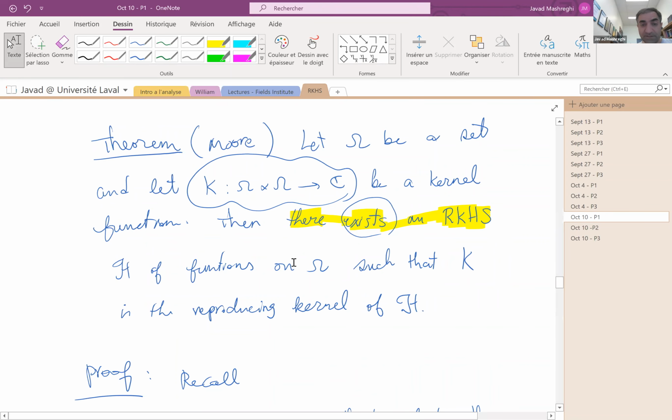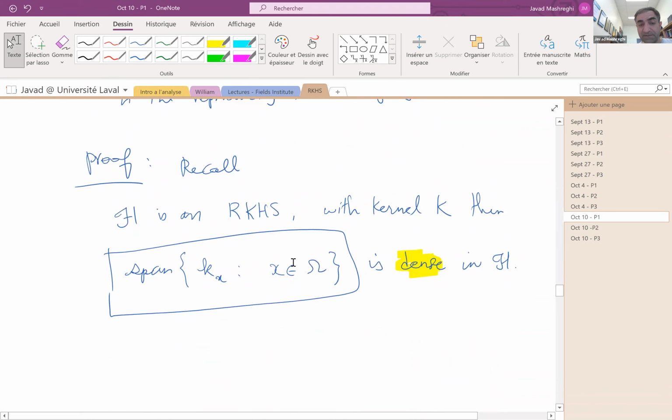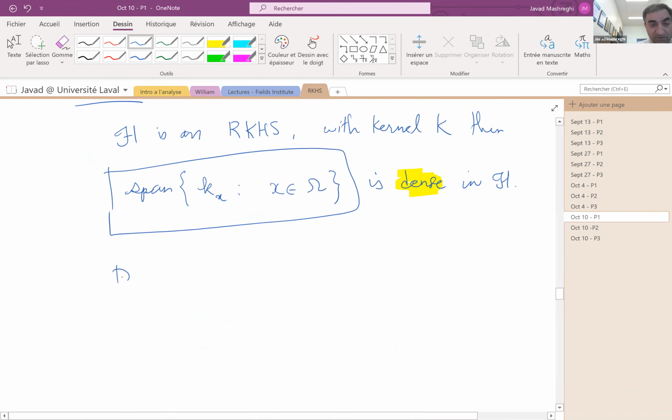And that gives us k_x. In other words, we define k_x at point y by K of x and y, or the other way around.